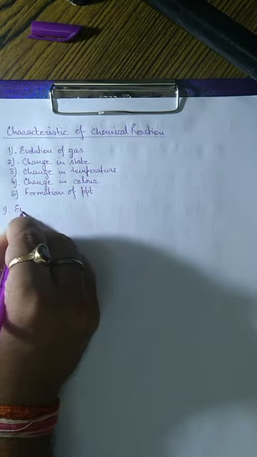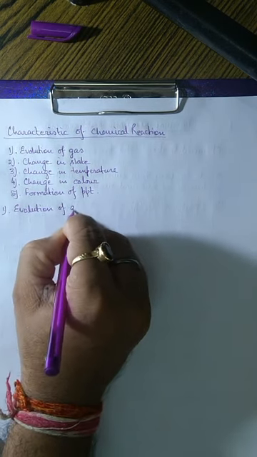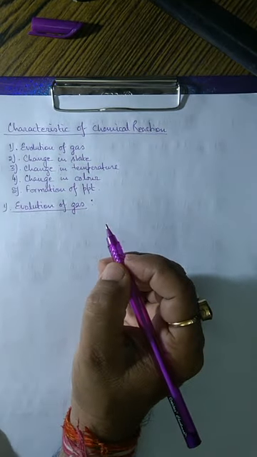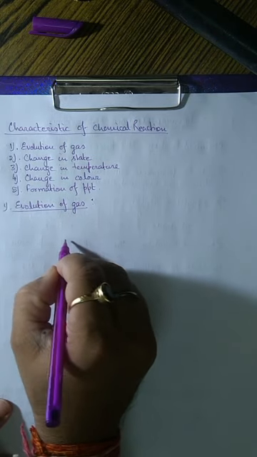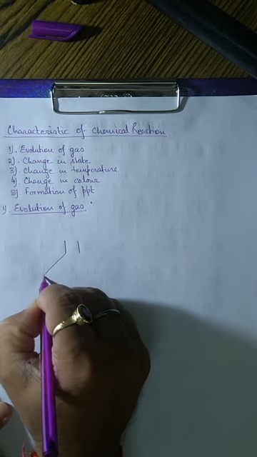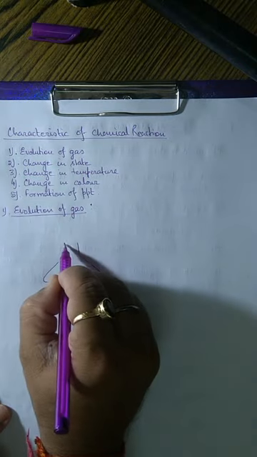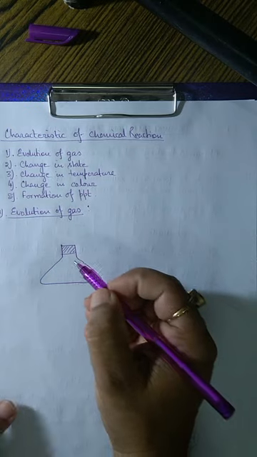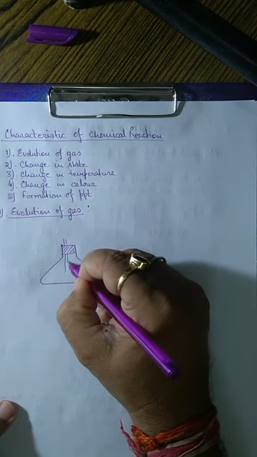First one, evolution of gas. In this one, we will perform an experiment in which we will take a conical flask, with a cork in which two holes are made.